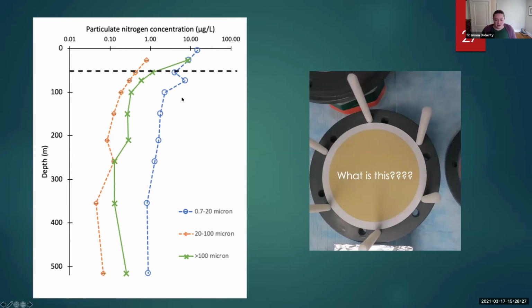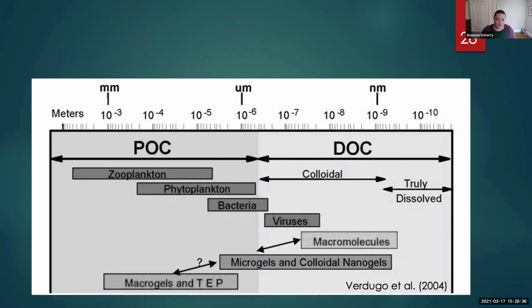And again, we have these particles now, and our question is, what is in them and how much of them are fecal pellets? So to set our expectations for that, we can plot our particle size classes over this categorization of particles, things that you would find in particles in the water column. This is another logarithmic scale on the x-axis.